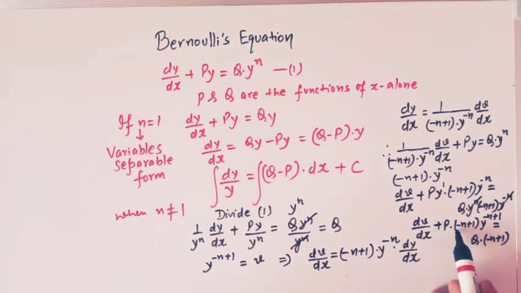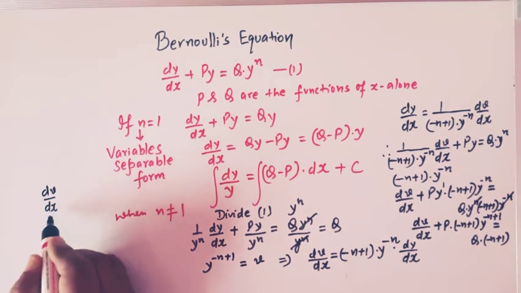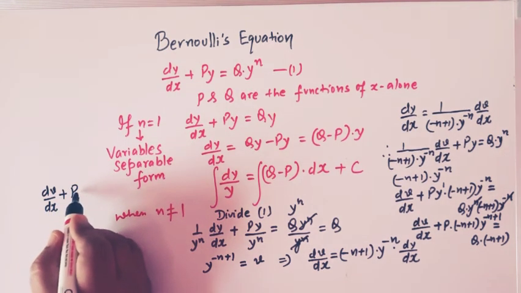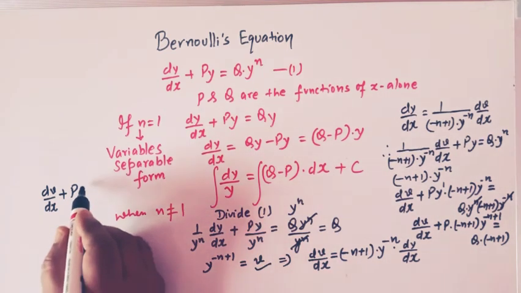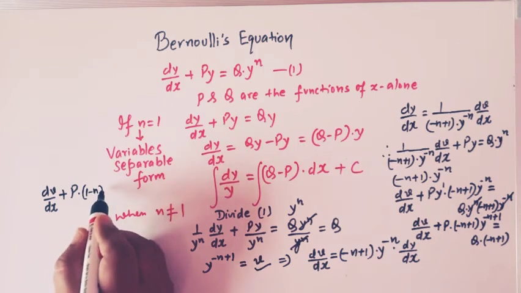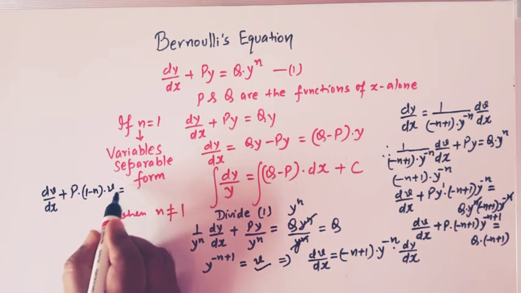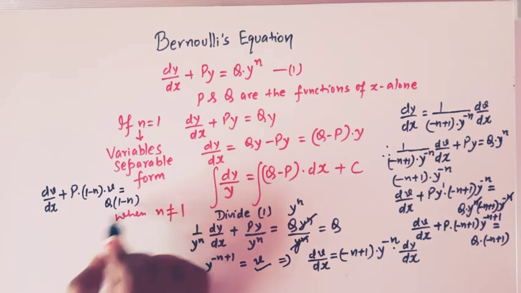Now this equation can further be written as dv/dx + p (1-n) v = q (1-n), since y^(-n+1) is v.